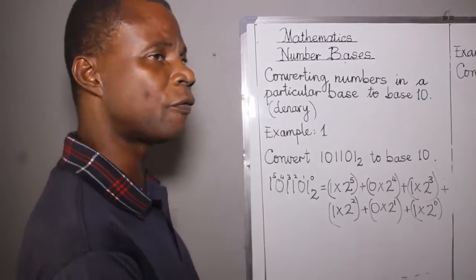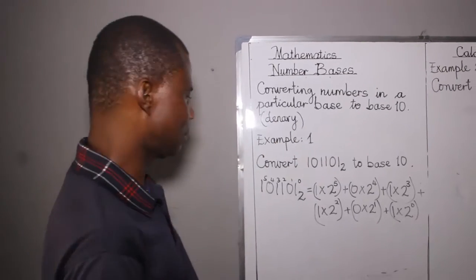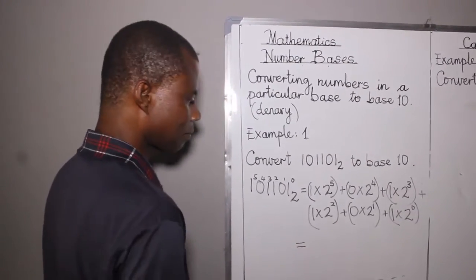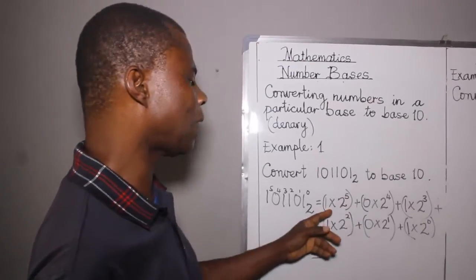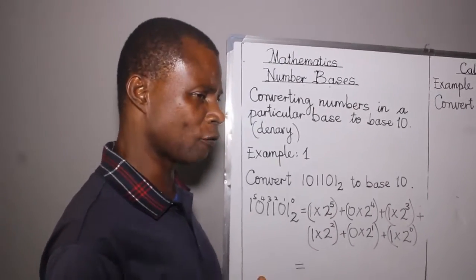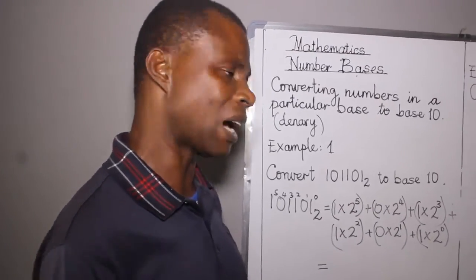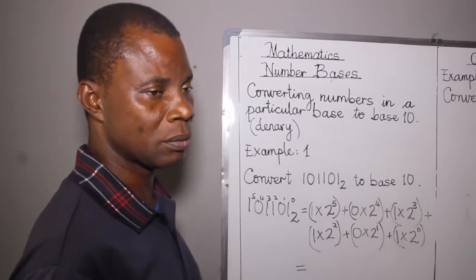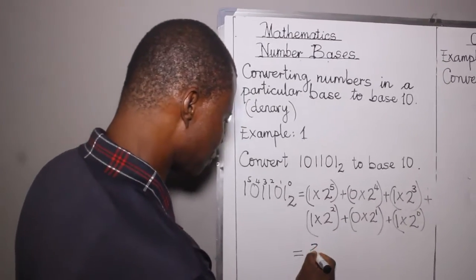So from here we move further. That is converting it to base 10. We go on with the calculation. And this gives us 1 times 2 to the power 5. What's the meaning of 2 to the power 5? Please do not get confused. 2 to the power 5 means 2 multiplied by itself 5 times. 2 times 2 is 4. 4 times 2 is 8, 8 times 2 is 16, 16 times 2 is 32.